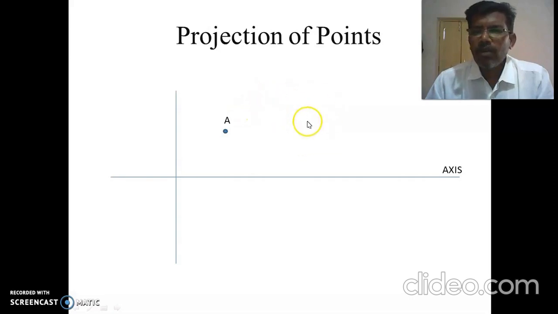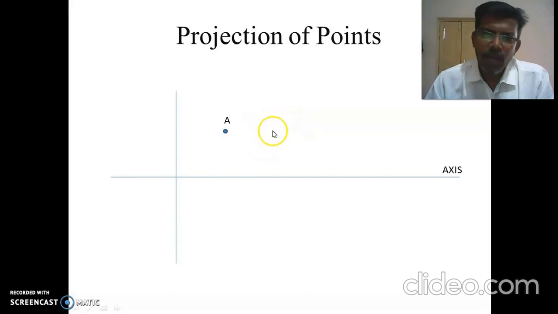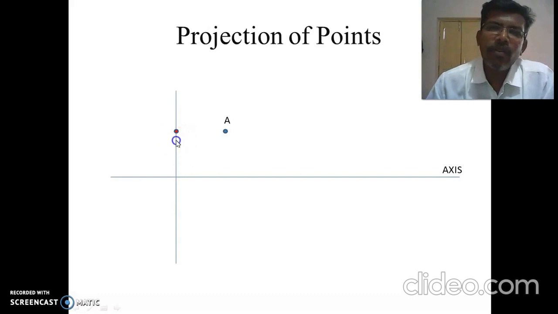Previously you have seen I am sitting here, observing in this direction, so that the front view appears on the vertical plane. So here the front view appears. This front view is named as A dash, a small letter.